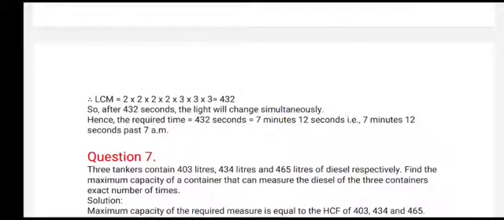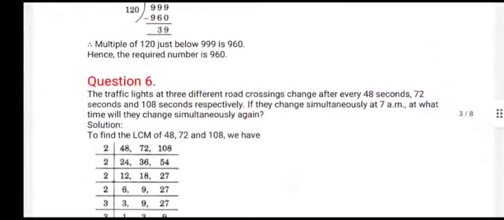That is 12 seconds. The question explains that 3 traffic lights are on the crossroad, and when they give the signal, they have intervals of 48 seconds, 72 seconds and 108 seconds. They have given 7 a.m. as the time when all these 3 signal lights give the signal at the same time, all blink together.